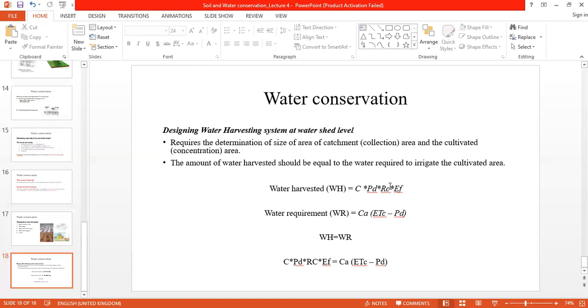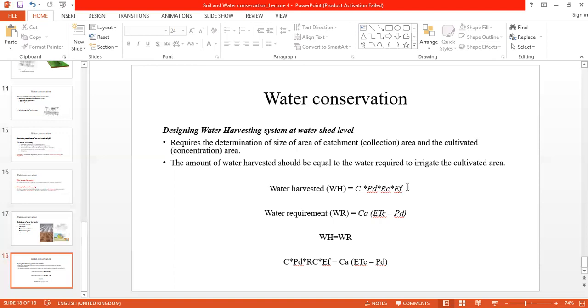So here we have the total volume, but the proportion which will run off will be determined by the runoff coefficient. If the runoff coefficient is 50, it means that 50% of the rain that comes will run off, and this is the one which is going to find itself in the other field.